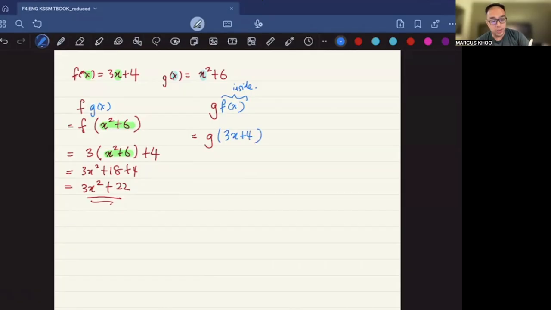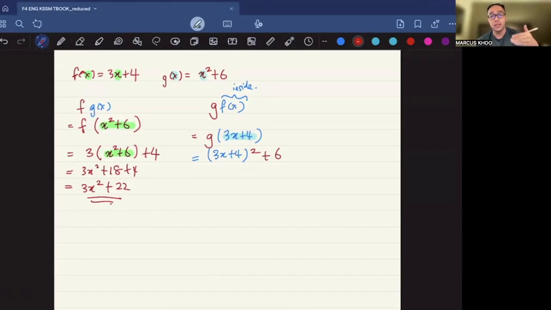Now our object has changed to 3x plus 4 for the function of g. So when we write it out, it has to be 3x plus 4, the whole thing squared, plus 6. That's basically what I'm doing, putting the object into the function.